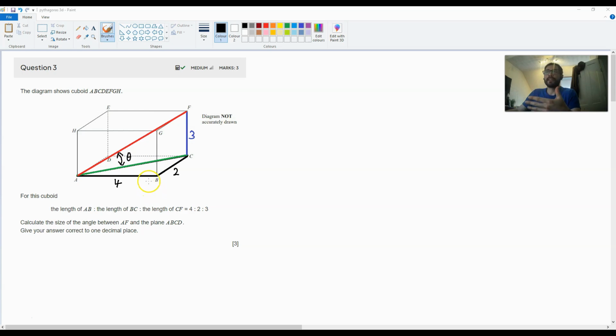So what we're looking for is the length of the hypotenuse identified by this green line over here. Now, if we know that AB is 4 and BC is equal to 2, we can use Pythagoras' theorem to get the length of this green line over here.